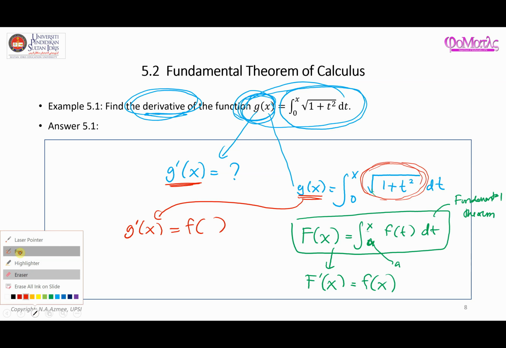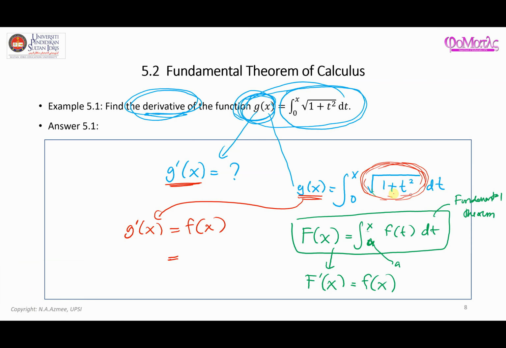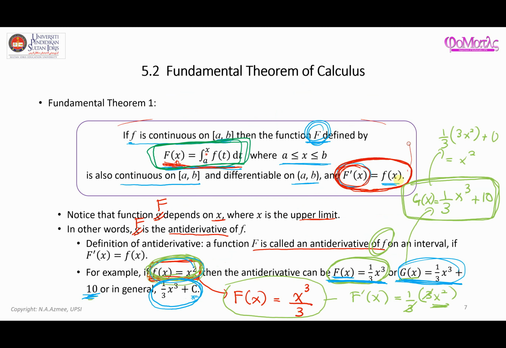So g prime x will be equal to f(t), and then you substitute x into that. So g prime x is just the square root of 1 plus x squared. So that's the answer to this example, just a simple example to illustrate the meaning of the theorem given here.